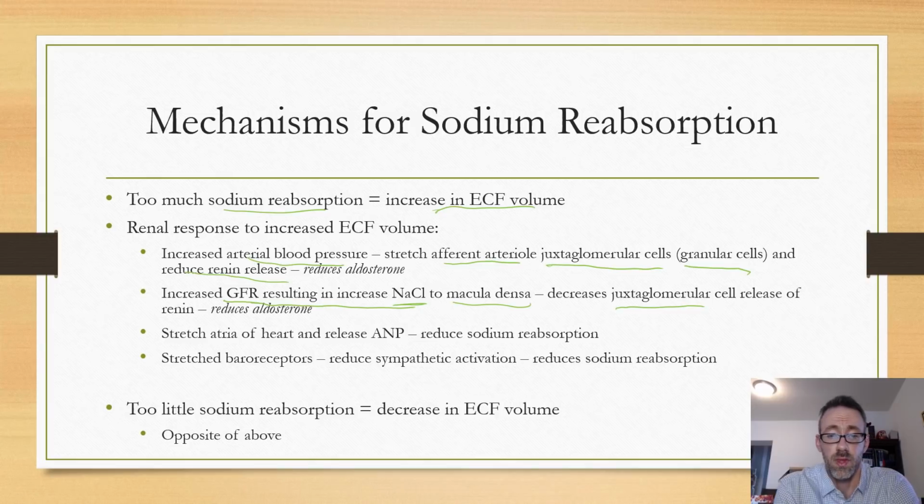And so that's going to reduce sympathetic activation, right? Sympathetic activation goes down, and the sympathetic nervous system can directly affect sodium reabsorption in the nephron, so it reduces its ability to reabsorb some of that sodium.